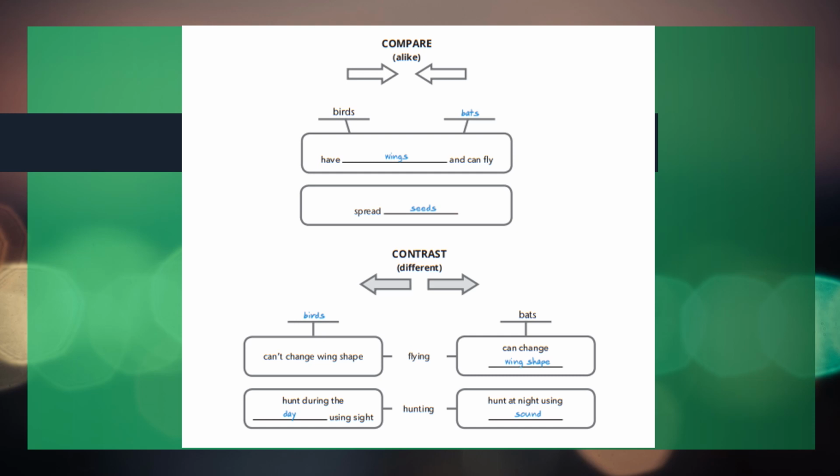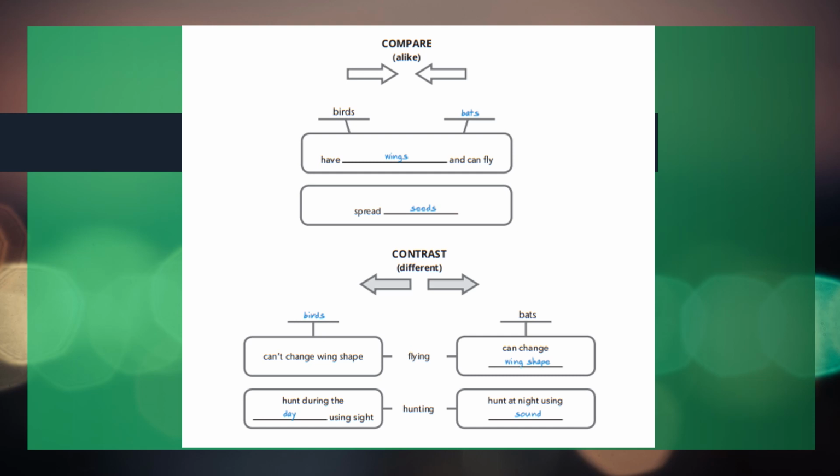In contrast, for the differences, we say that birds can't change wing shape, and they hunt during the day using their sight. Bats can change wing shape and hunt at night using sound. So they are different in flying and hunting, because their style is different.